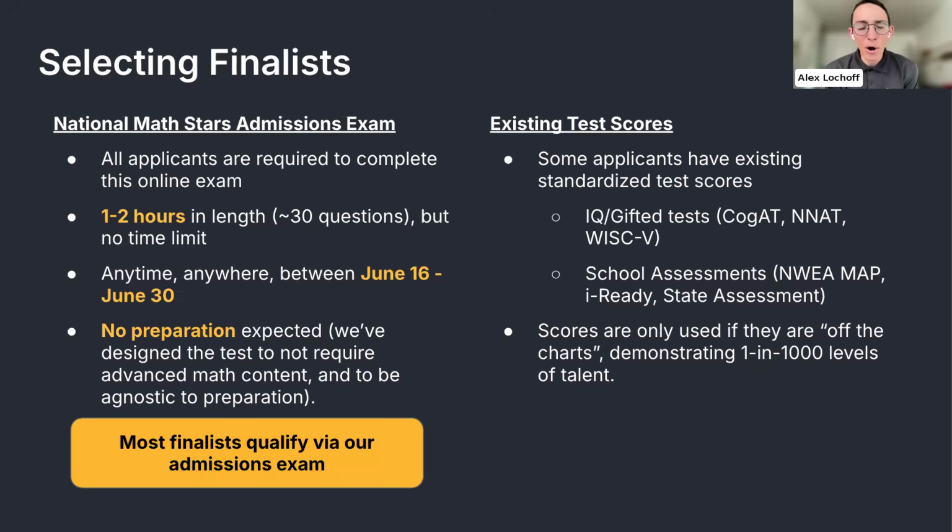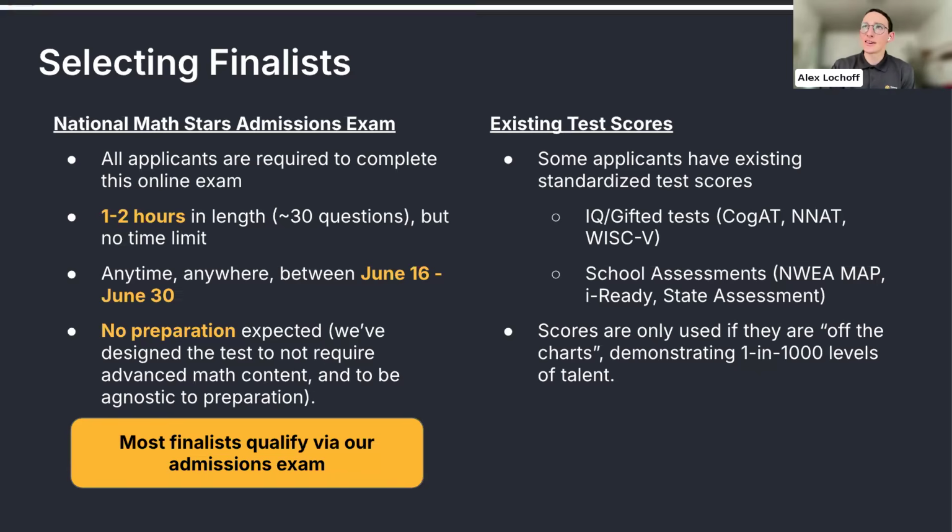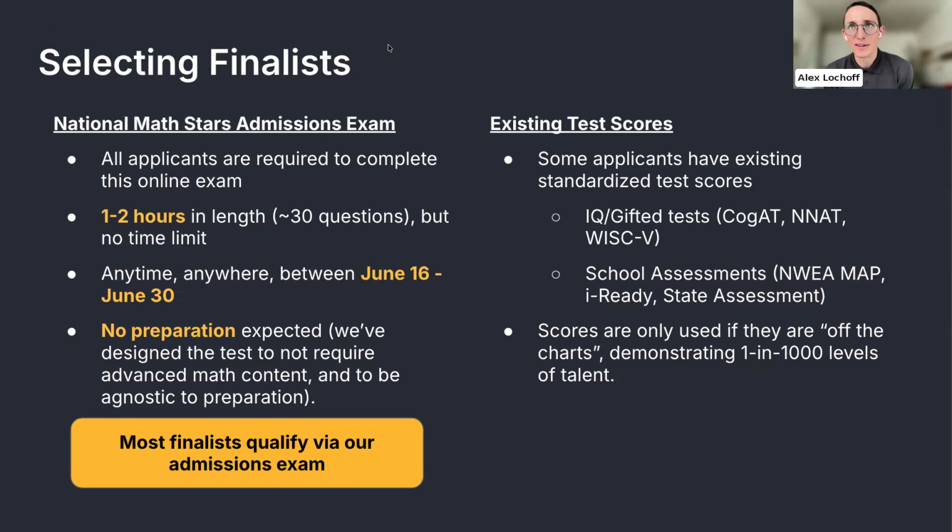So as I said, this is how most of our finalists qualify. We do also consider existing test scores that you may have from your school or from testing you've done on your own. This could include things like state standardized testing data, IQ or gifted talented screener exams, or other school or district-based standardized assessments, such as the NWEA MAP test, the iReady, or others.